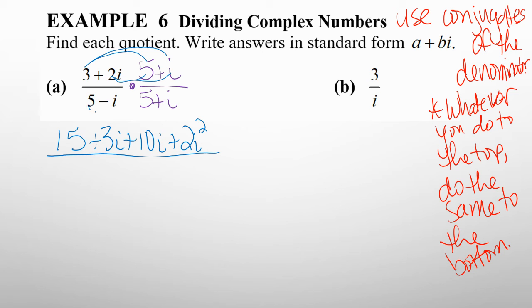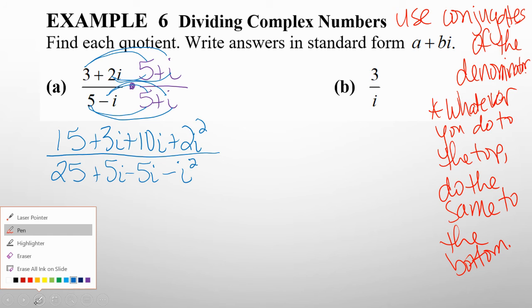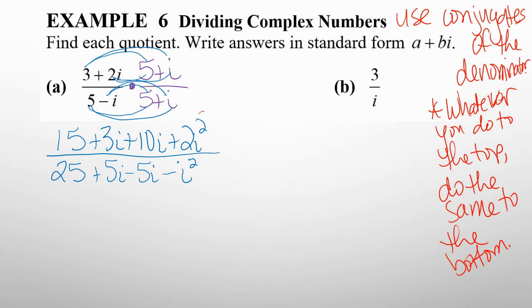On the bottom, 5 times 5 is 25. 5 times i is 5i. Negative i times 5 is negative 5i. And negative i times positive i is negative i squared. I have an i squared on the top, so this is really 2 times negative 1, which is negative 2.